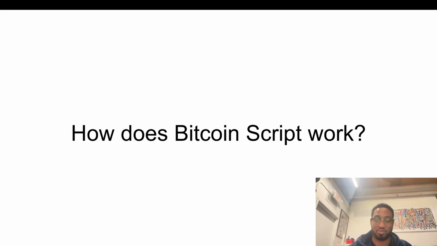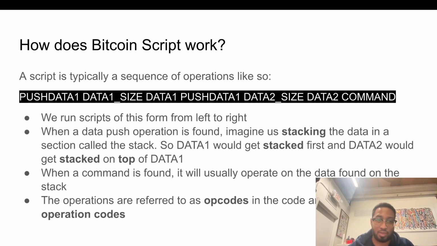Now, how does Bitcoin script work? So a script is typically a sequence of operations like so. You have push data 1, size, data 1, and then push data 1 again. Push data 2 size and data 2, and then a command. Maybe not the easiest syntax to work with or present with in hindsight, but this is what I put there.